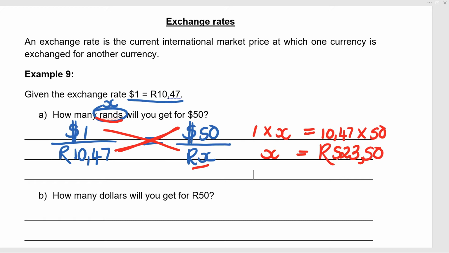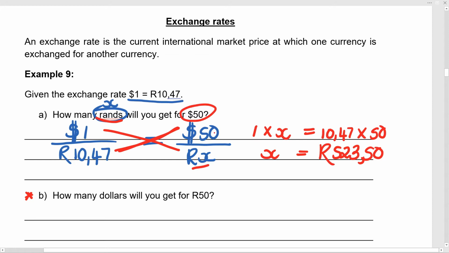You might also say to yourself, well, can't you just multiply by the exchange rate? Yes, but then we're going to have a problem with question B. And I really do recommend you use cross multiplying for exchange rates, but there are lots of other ways of doing it. We also need to do a little reality check at the end of this question and say to ourselves, well, I have $50.